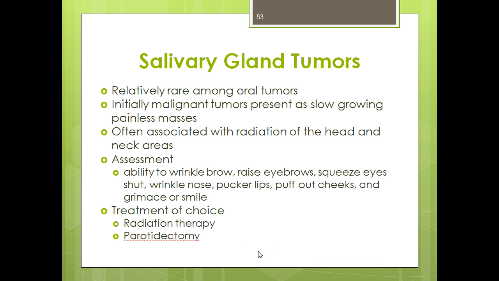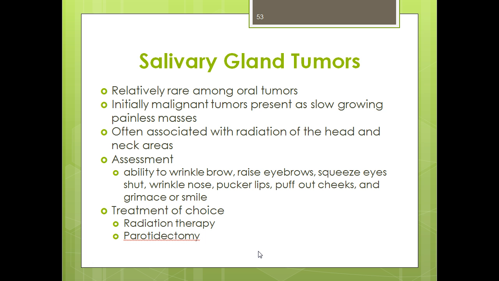Salivary gland tumors are usually the rarest among oral tumors. Initially, malignant tumors usually present as slow growing, painless masses, often associated with radiation of the head and neck areas.